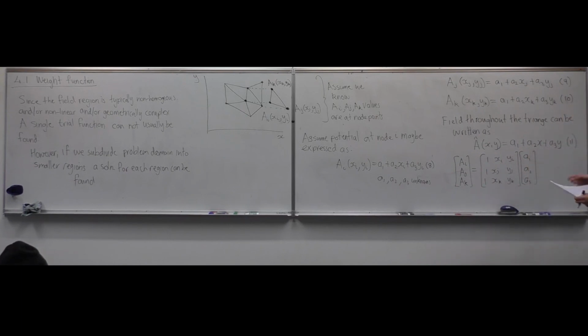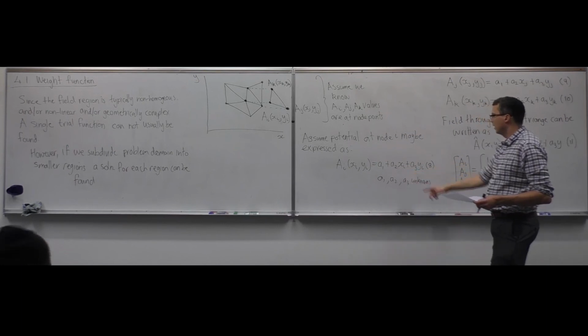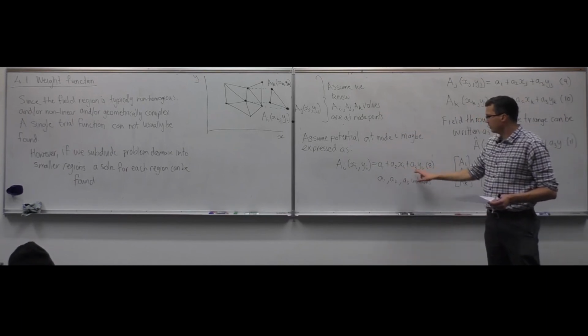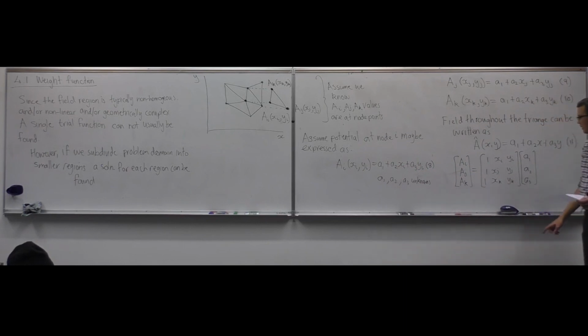Okay, so this 11 is our trial function, and this trial function has to satisfy the boundary conditions 8, 9, and 10, because we're saying that we know what the values are at those 3 points. The thing we don't know is what A1, A2, and A3 are, the three terms in the trial function. So in order to find A1, A2, A3, we need to take the inverse of this matrix, and that's where we'll start next time. Okay, thanks.